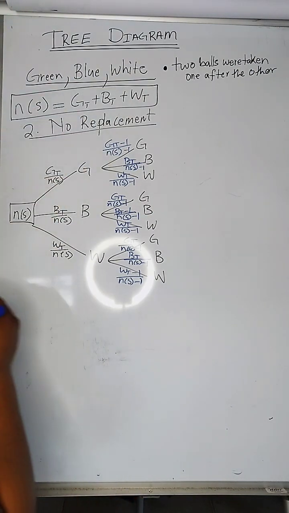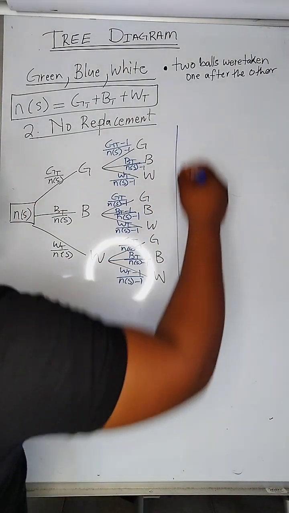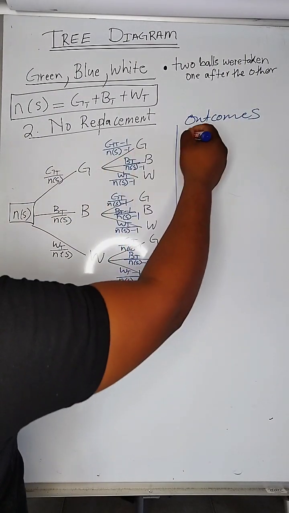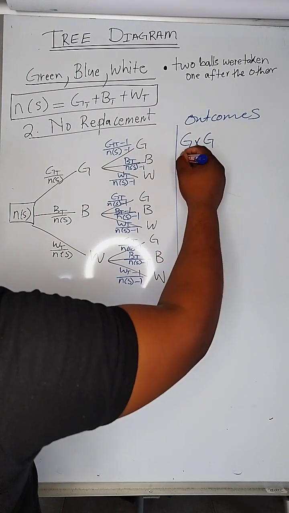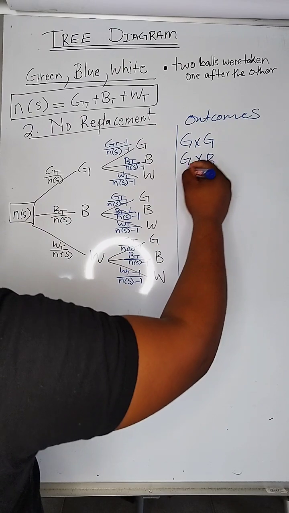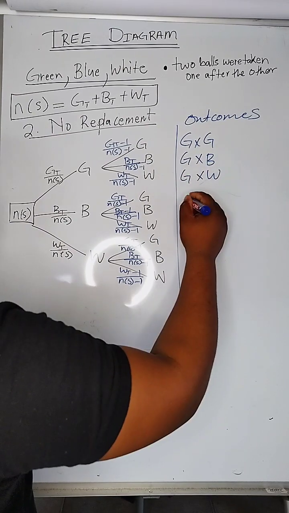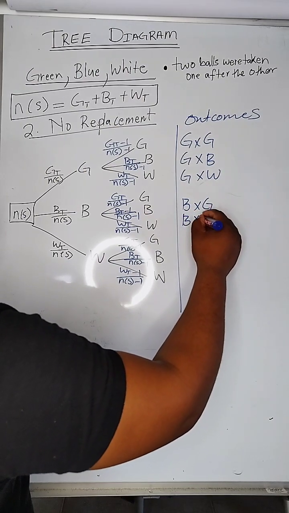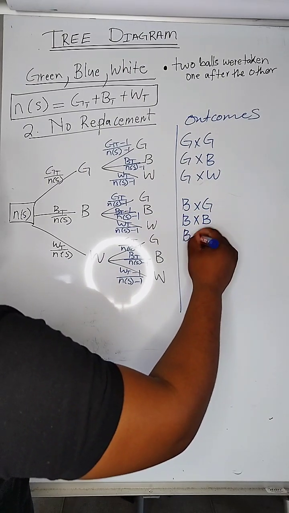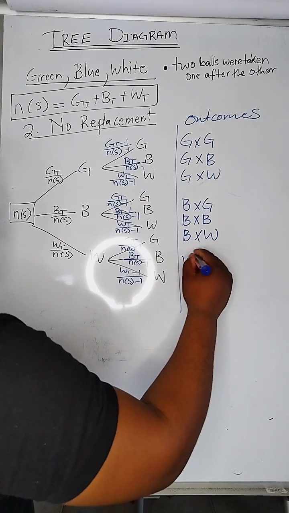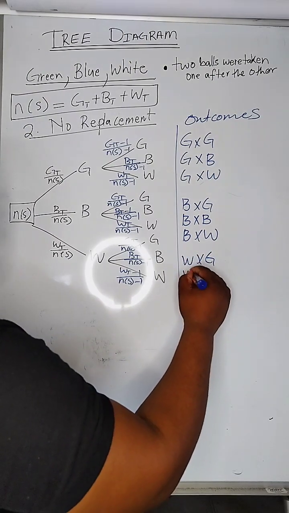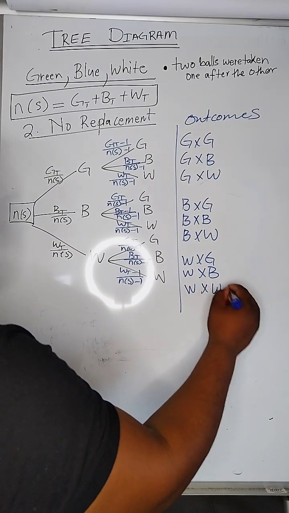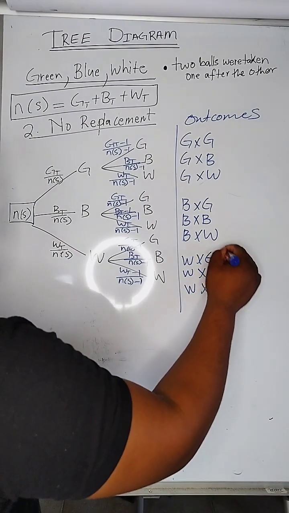Okay? Then from there, you deal with the outcomes. Where we say it is G multiplied by G, G multiplied by B, G multiplied by W, B multiplied by G, B multiplied by B, B multiplied by W, W multiplied by G, W multiplied by B, and W multiplied by W, and get your answers from there, okay?